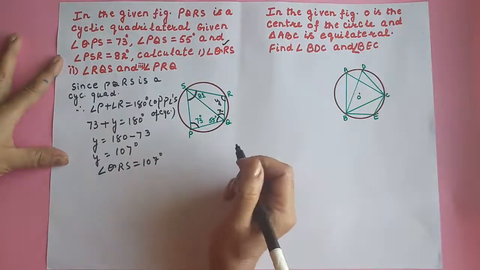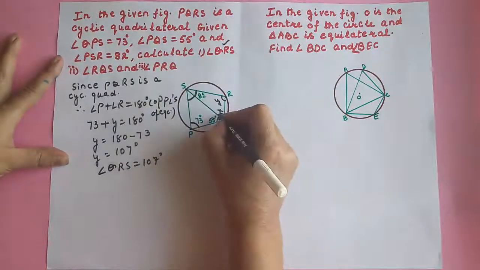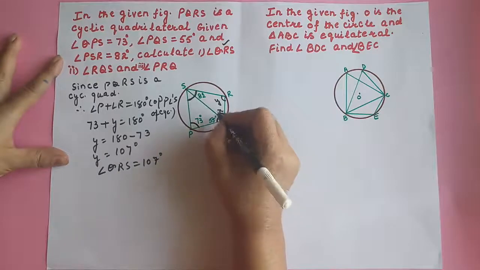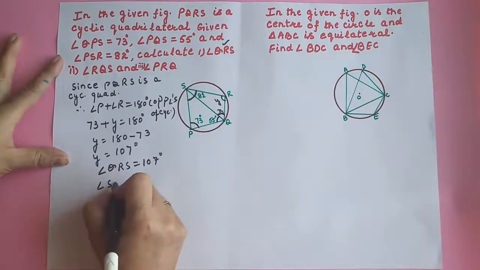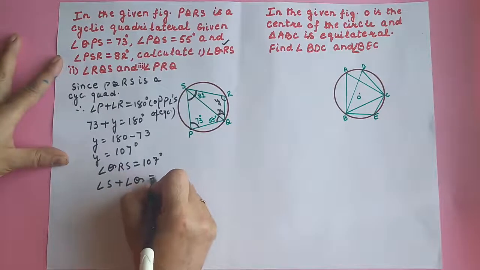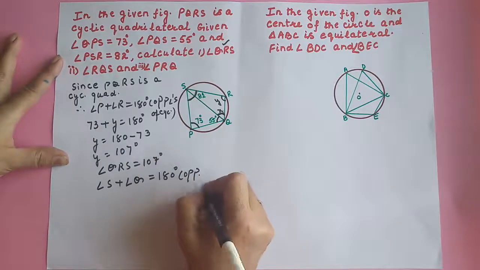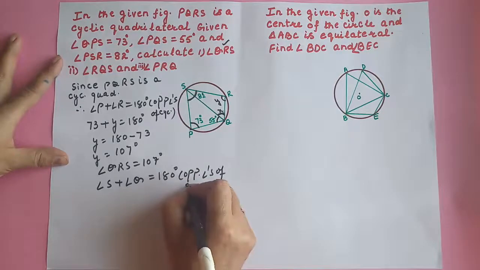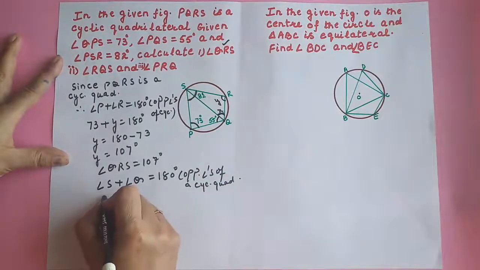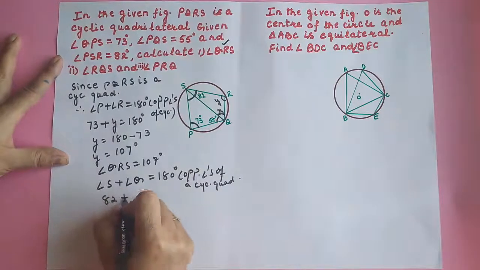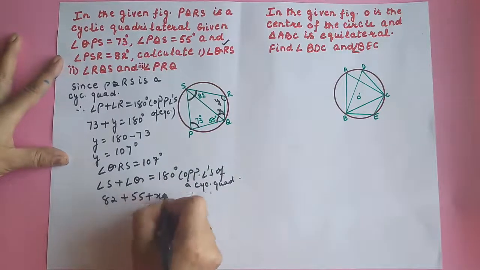Okay. Now he wants us to calculate angle RQS. That is this angle. Now we also know that angle S plus angle Q is equal to 180 degrees, opposite angles of a cyclic quadrilateral. So angle S is 82 plus angle Q is 55 degrees plus X equal to 180.